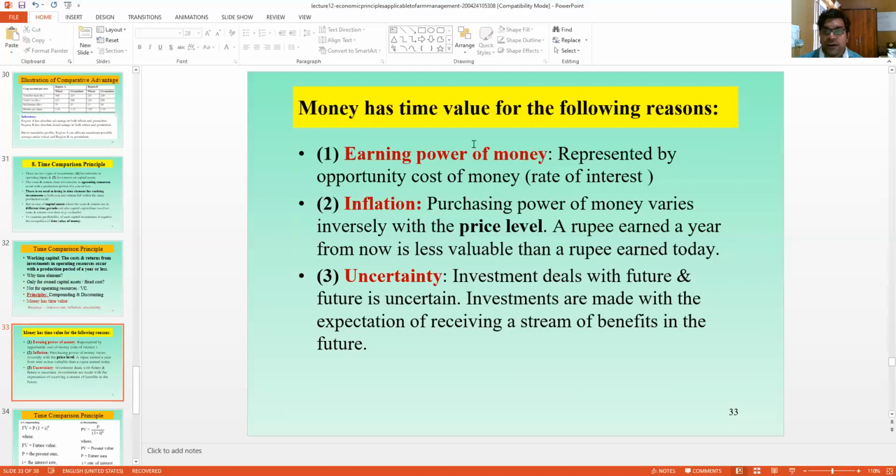So we have earning power of money, which is different from one enterprise to another. We have inflation, that is the present money is more valuable than the future money which we are going to get. Uncertainty. The element of uncertainty is certain, right? We don't know what the outcome is going to be, which comes after a time lag, right?